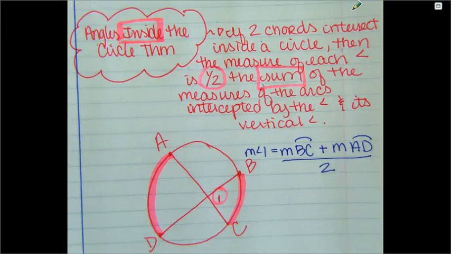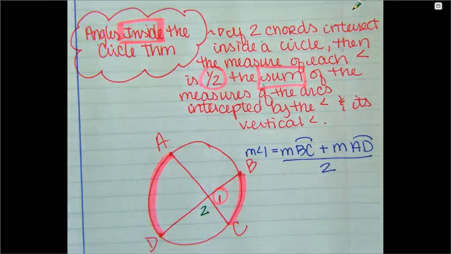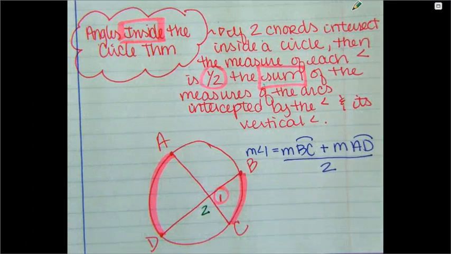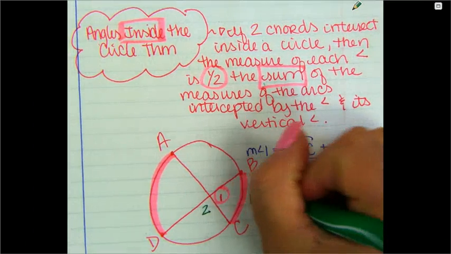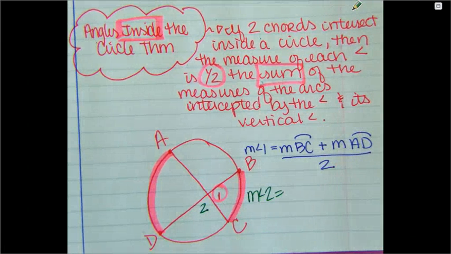Okay? So, if I go ahead and call this angle 2 right here, I want you to write the formula for angle 2. I'll start you off. The measure of angle 2 equals. Fill out the other side.